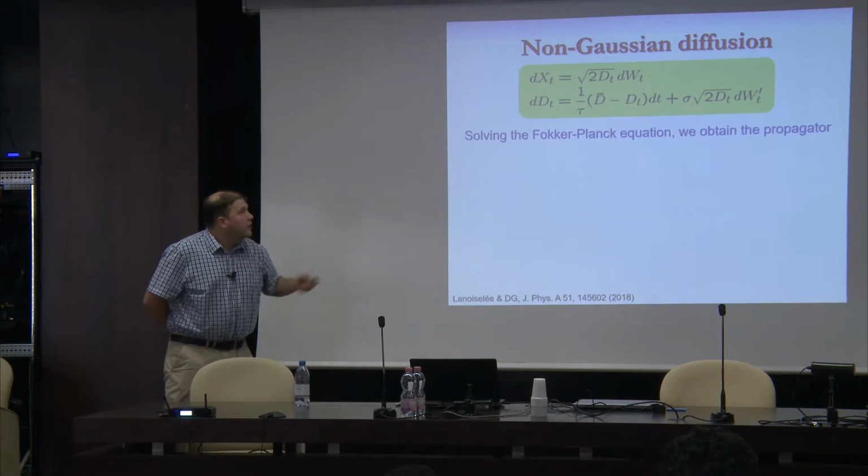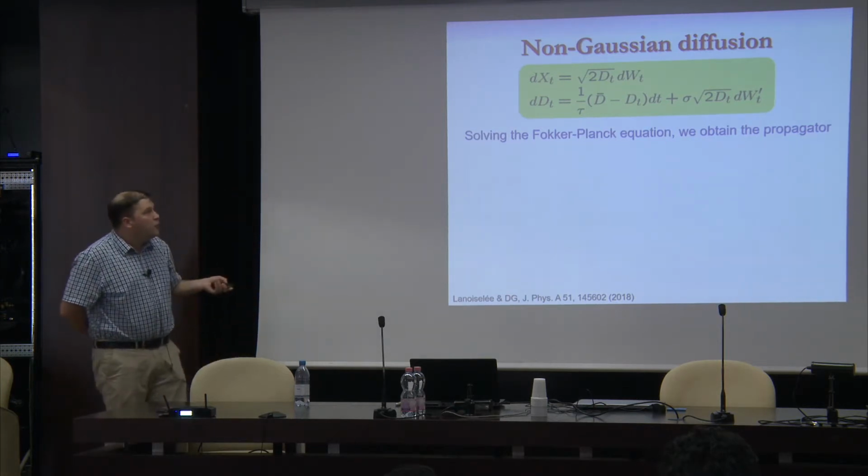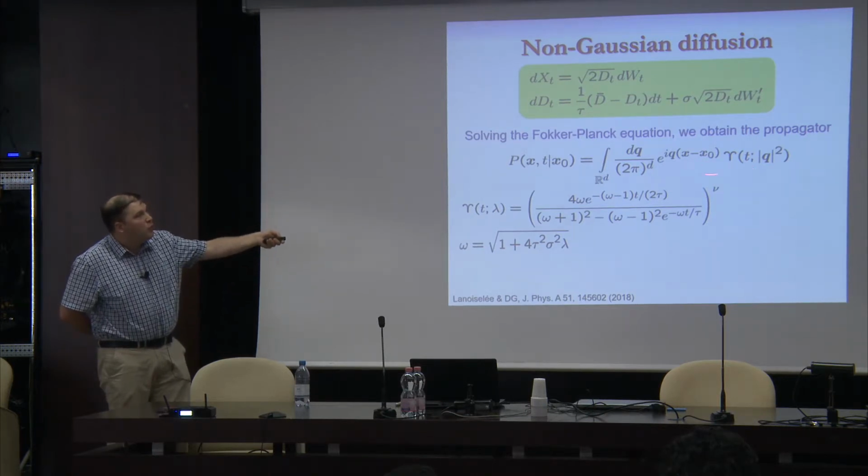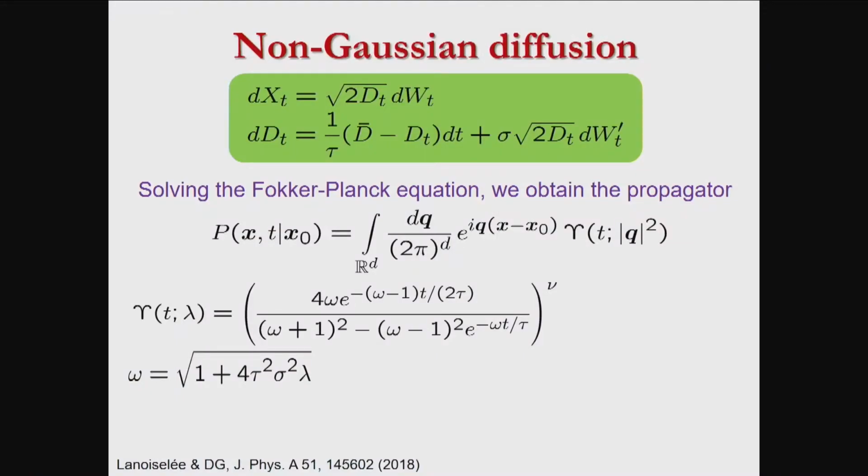That is done in this paper. And you find a solution in the form of the inverse Fourier transform of a completely explicit function. Well, this function may not be nice looking, but it's fully explicit, while omega is just an intermediate auxiliary parameter to make it a little bit shorter. And essentially what is important here is that you can recognize nu, again, the disorder strength.